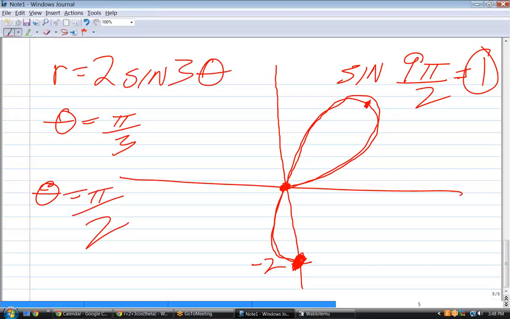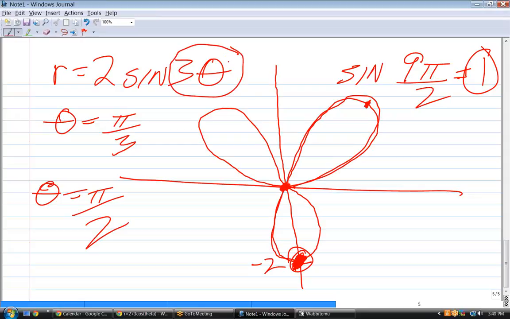And now if I keep going, I get to there, and eventually by the time I get back to 2 pi, I'm back to there. So it's a little confusing, because it looks like on the polar curve that point comes when theta is 3 pi over 2, but it doesn't. It comes when 3 theta is 3 pi over 2.